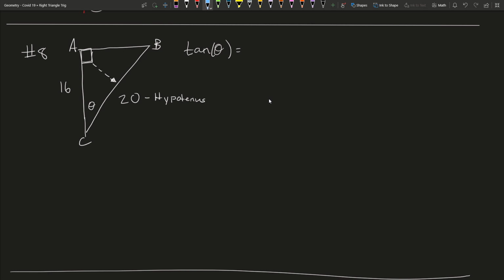The side attached to theta that's not the hypotenuse is the adjacent side. So 16 is the adjacent side. And if we drew a line from theta to the opposite side of the triangle, that side is the opposite.